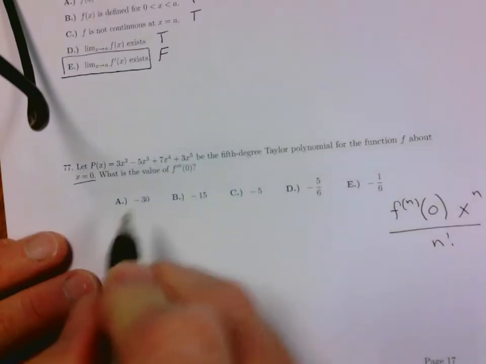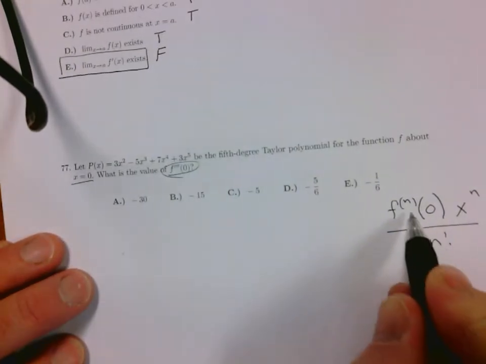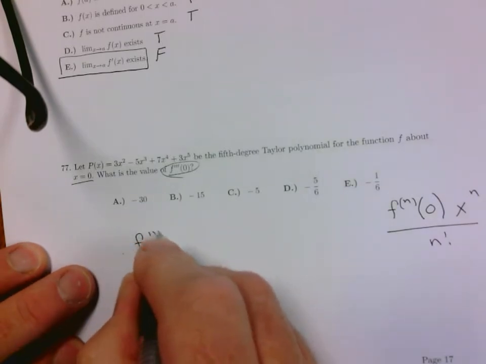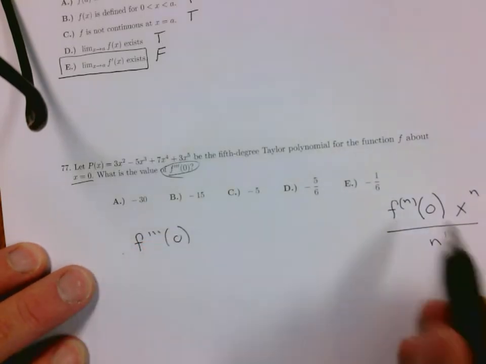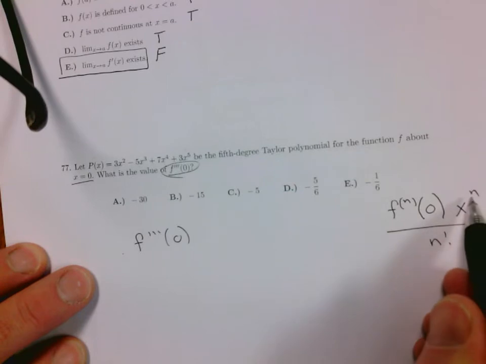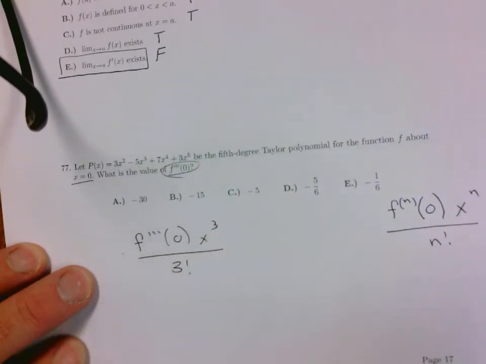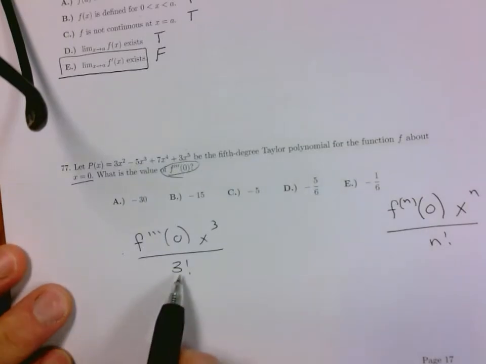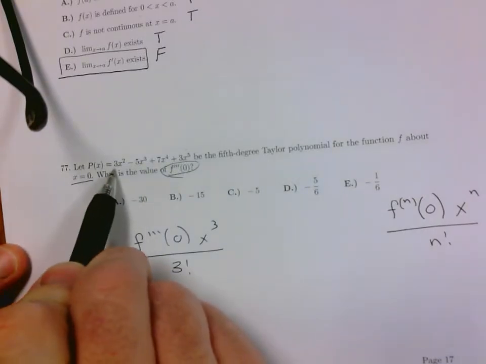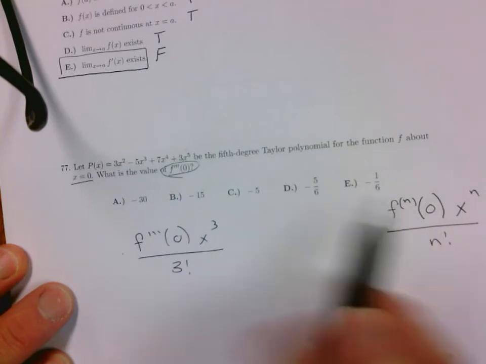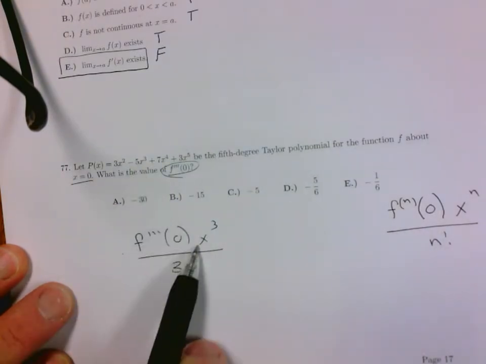I want to know what the third derivative is, so I'm just going to plug in 3 here. I want the third derivative evaluated at 0. If this is a 3, that means that has to be a 3, so this is x cubed all over 3 factorial. Now, if I go up here, and I know this expression was found using this formula, then the x cubed should match up with the x cubed.